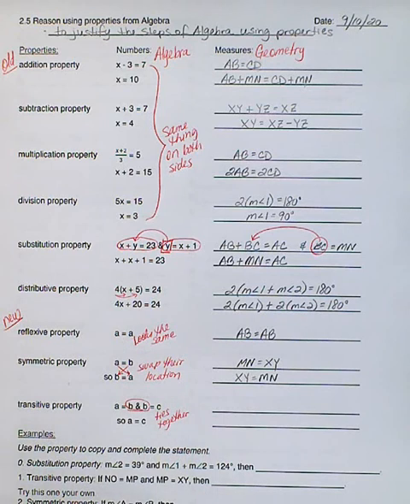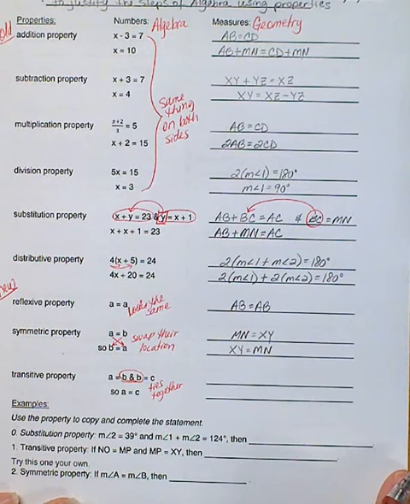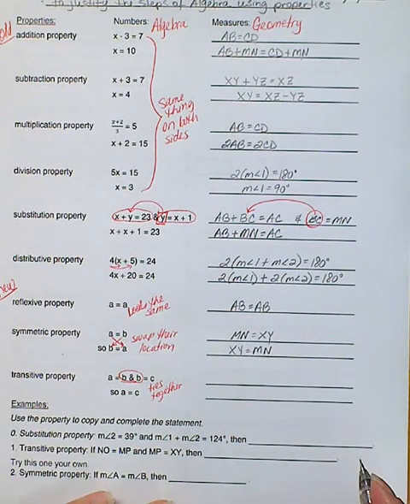Okay, so last one is transitive property, and I'm going to move that up just a little because I'm getting close to the bottom. The transitive property would work something like this, and it tends to occur in angles more than segments, so I'm going to show you the angles. The measure of angle 1 is the same as the measure of angle 2.